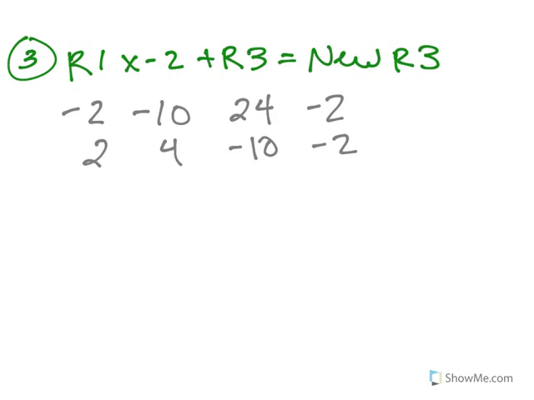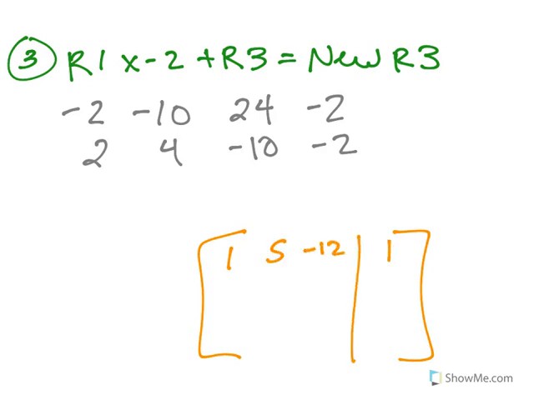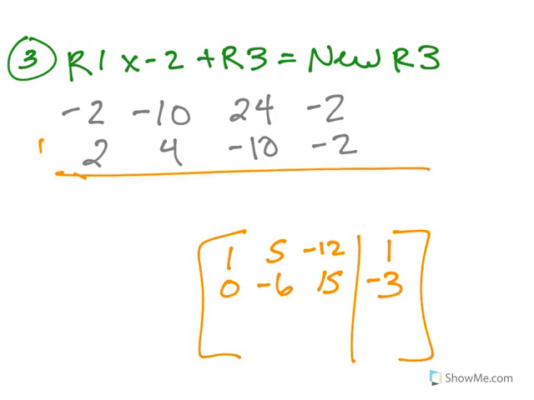When I'm putting these together, row 1 and row 2 are not going to change. Row 1 is 1, 5, negative 12, and 1. And my current row 2 that I just found was 0, negative 6, 15, and negative 3. Now I add these two together to get my new row 3.